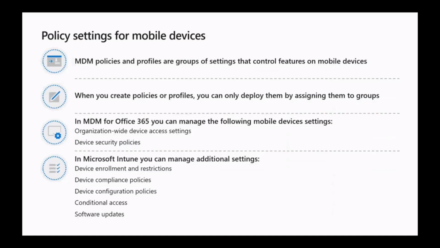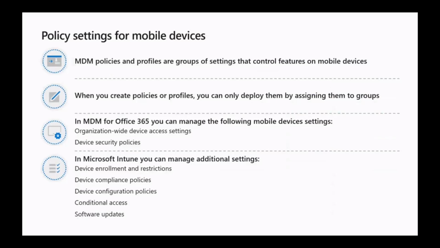But in MDM for Office 365, you can manage the following mobile device settings: organization-wide device access settings, which are applied to all devices inside a corporation, and also device security policies, depending on the type of device and the version of the operating system for iOS and Android. Depending on the case, you can also apply specific policies to certain versions of applications.